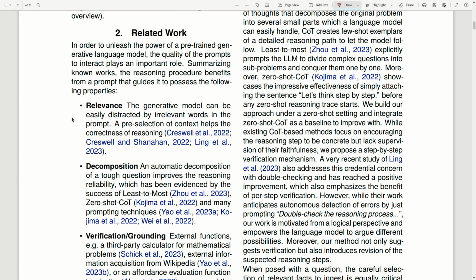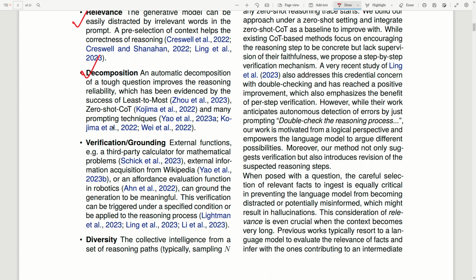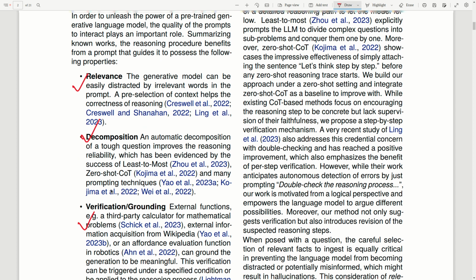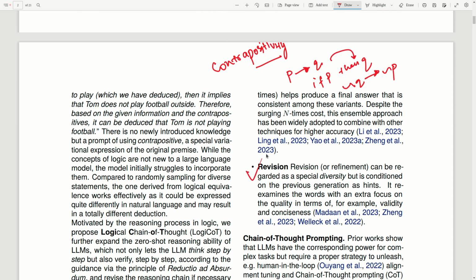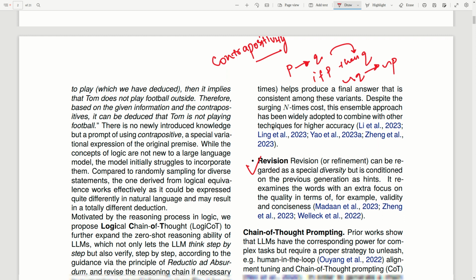So they are talking about relevance, decomposition, verification grounding, diversity, and revision. So basically the quality of the prompt plays a crucial role in unleashing the power of pre-trained generative language models, or these LLMs, with relevance and decomposition being the most important properties.